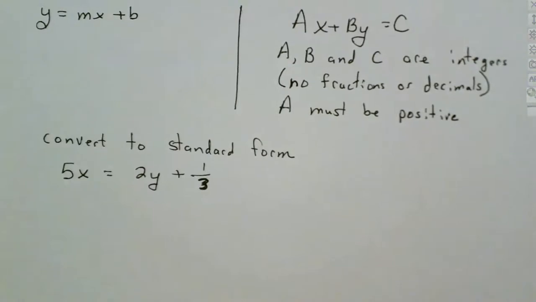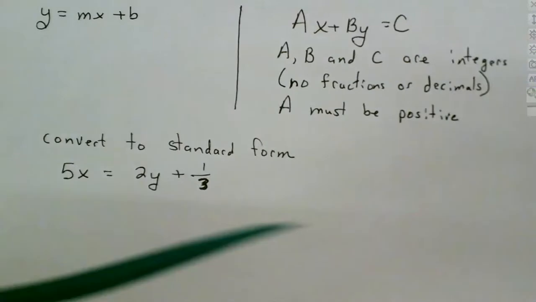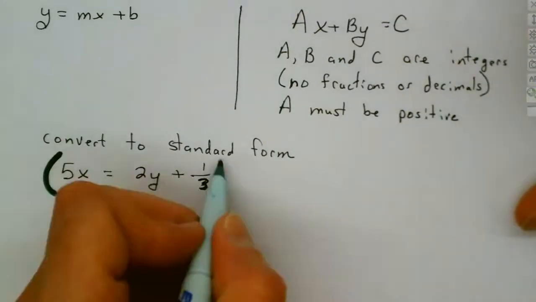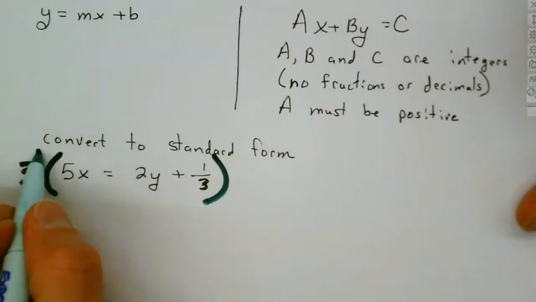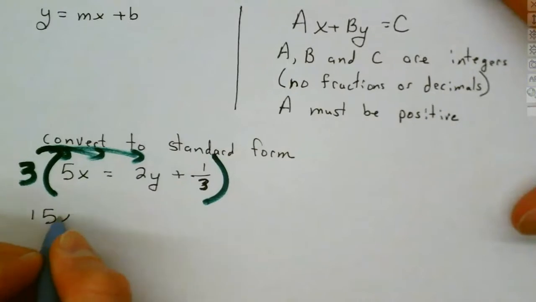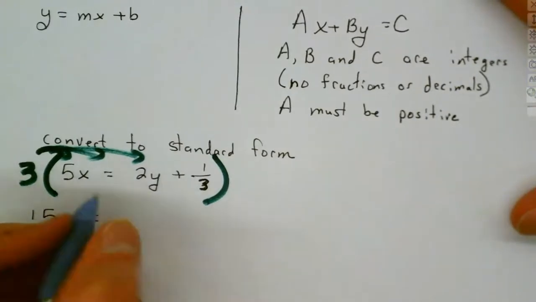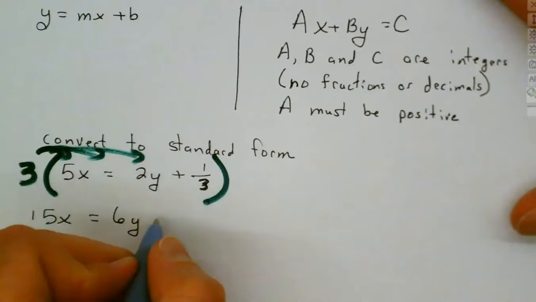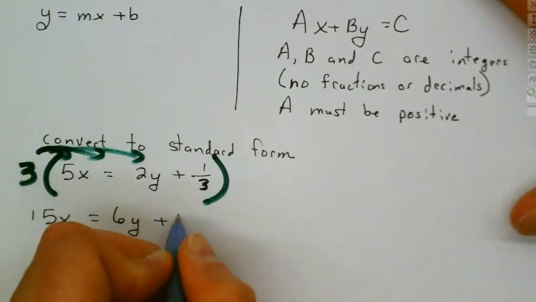I just gave it to you. And I want you to write this in what's called standard form. Now in standard form, we cannot have fractions or decimals. So to get this in standard form, the first thing I'm going to do is clear out my fractions. So I'm going to multiply all of it by 3. And that gives me then 15x equals 9y, the 3's cancel, plus 1.